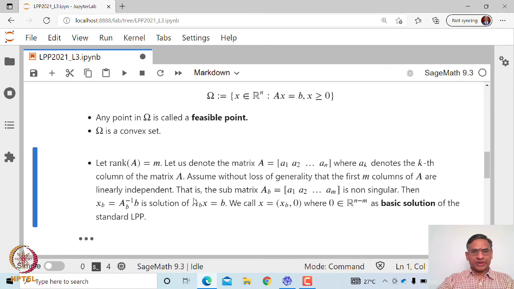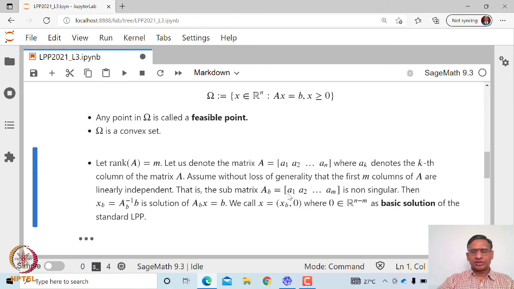Let us look at this further. As we said, we have assumed that the rank of A is m and the first m columns of A are linearly independent. So if I look at the submatrix of A obtained by taking the first m columns, let us denote it by A suffix B. Then this matrix will be an m cross m matrix, and since its rank is m, it is non-singular, that is, invertible.